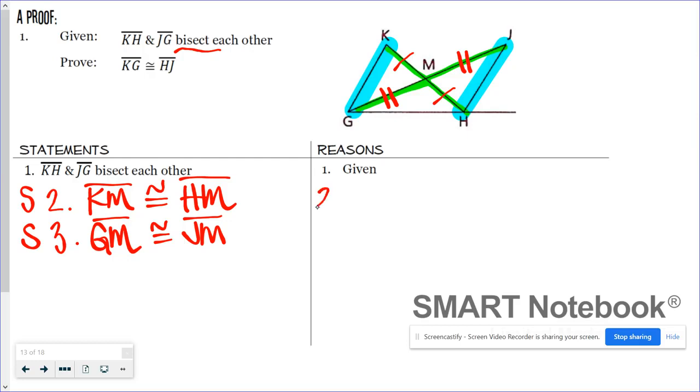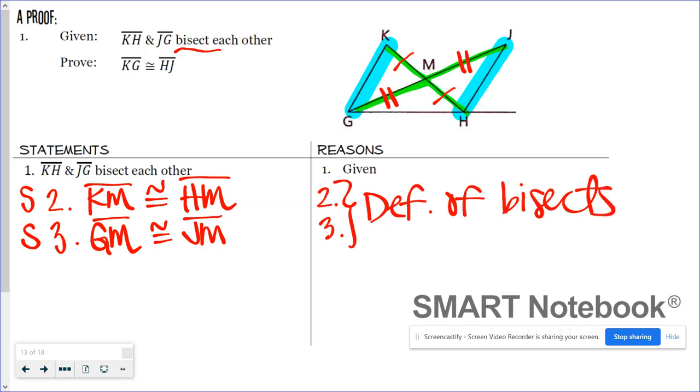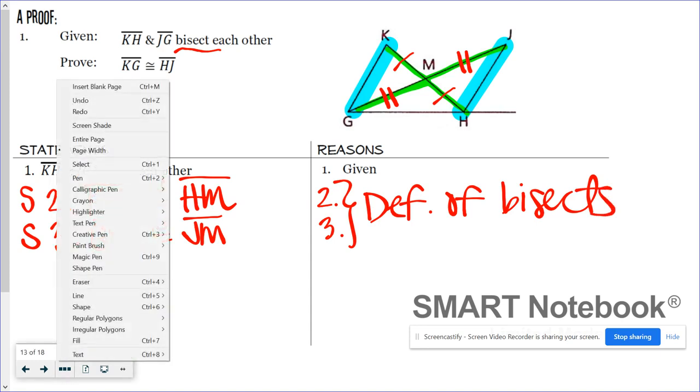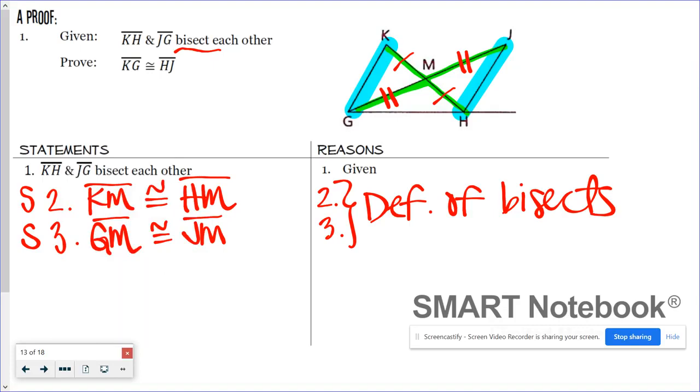My reason for both of these is the definition of bisects. So we've gone through all the given information, and we have 2 congruences, but we need 3. So we go to our look fors. We're going to look for shared sides and vertical angles.